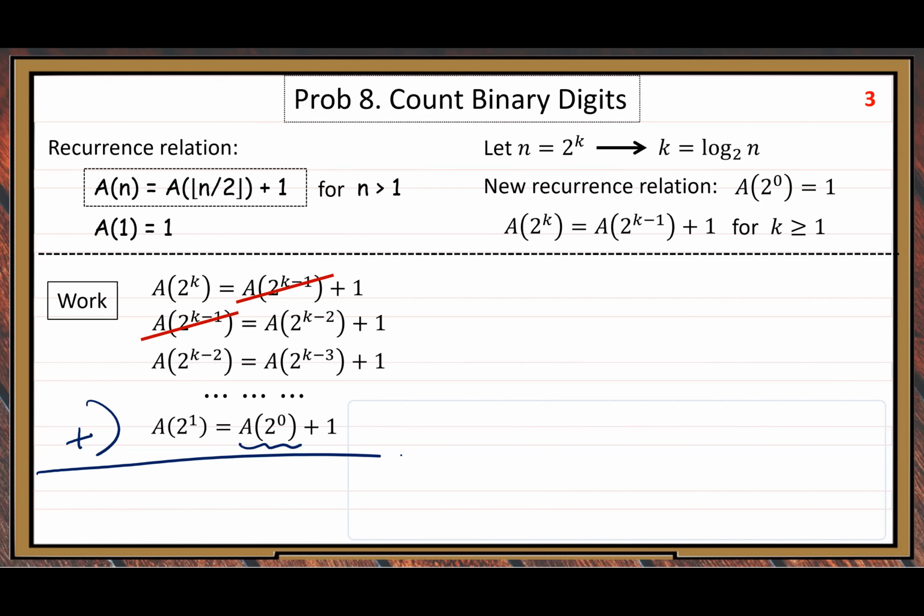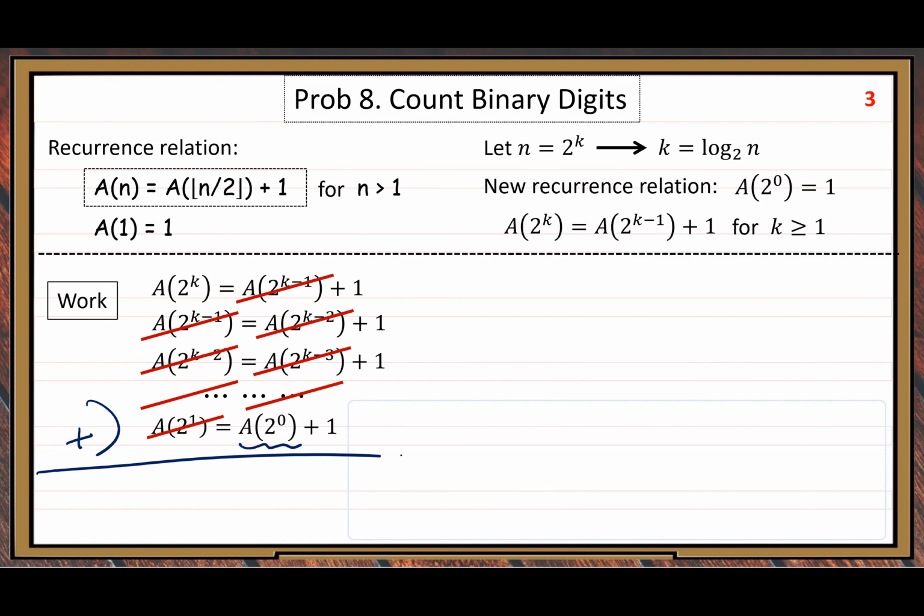This is a diagonal type of cancellation. Same term on two different sides, so we can cancel them out. Another cancellation, and so on until the last one. Then let us put the remaining terms.